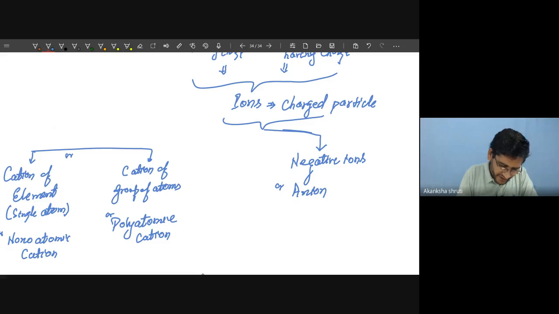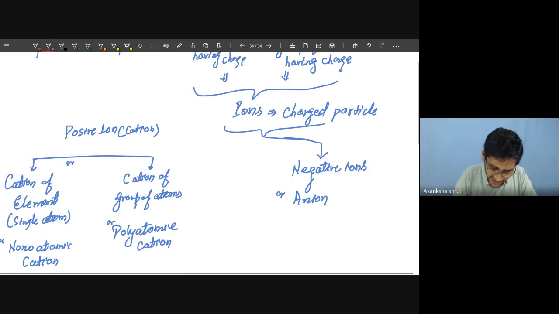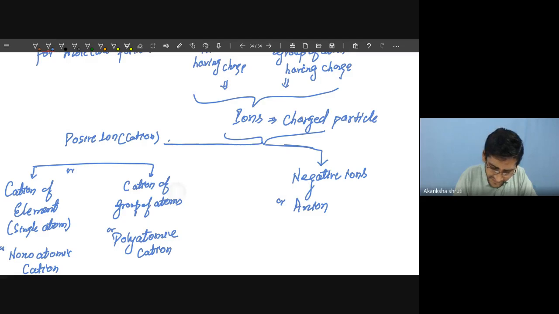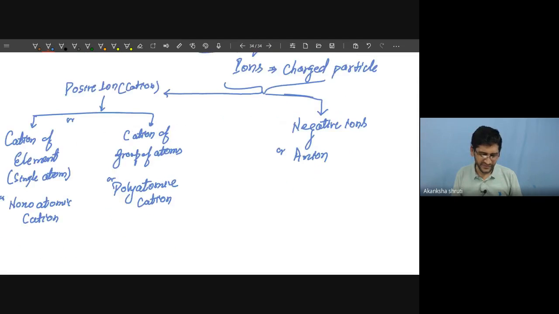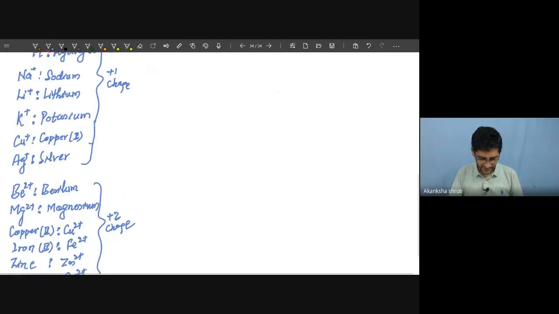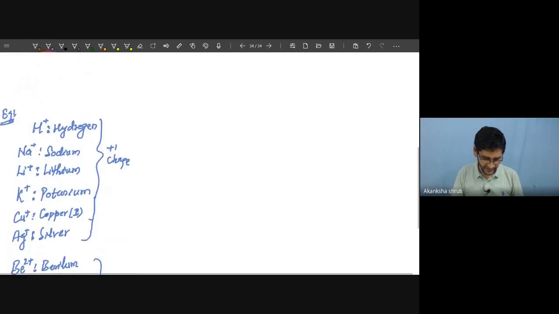It is our positive ion, also called cation. This group, this I have written. So cations may be of 2 types, maybe cation of atoms or cation of group of atoms. Let me copy this part also and shift it above.